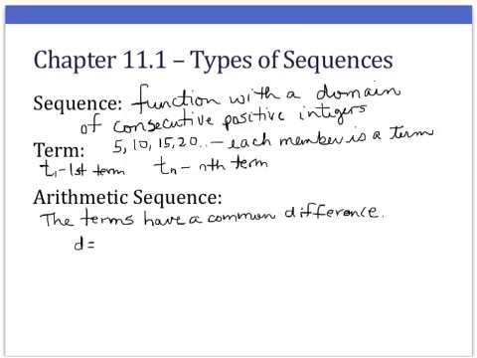The way you find the common difference is you subtract two consecutive terms, and always go with a term of higher position. And the way you get an arithmetic sequence is you add D for the next term.